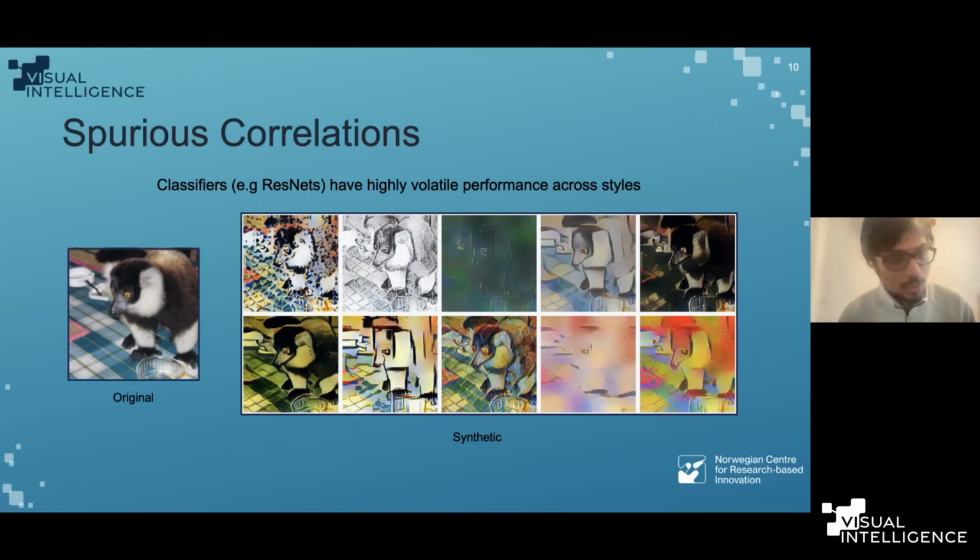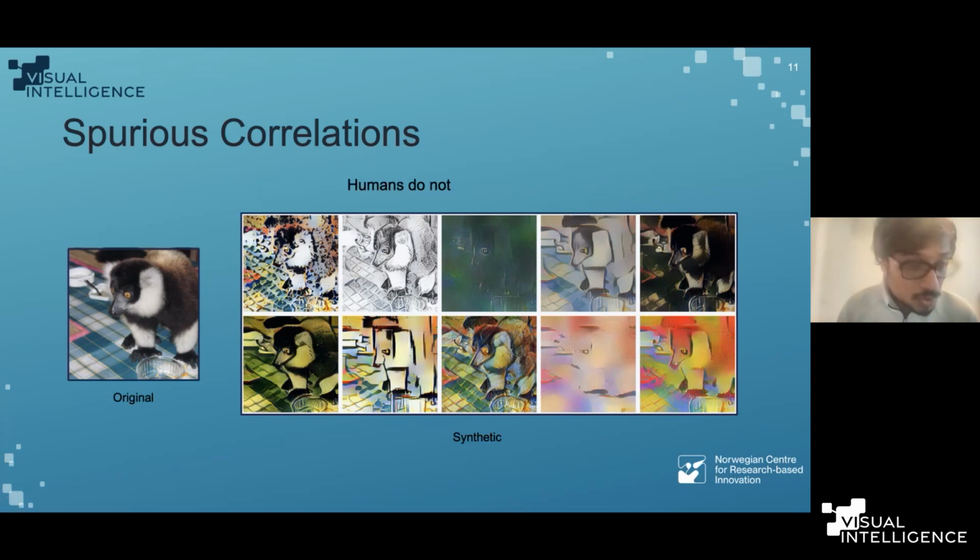Now, ideally, this should not be the case, right? An object, if you want to classify it as such, should still be classified as that object regardless of what style the image is in. But it turns out that modern pre-trained classifiers actually struggle to do this. Humans do not.